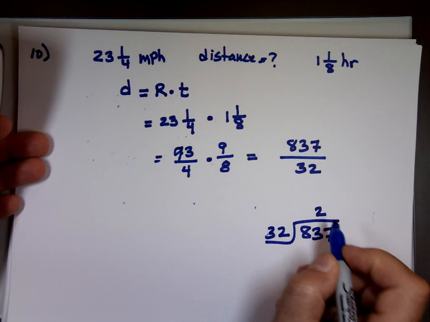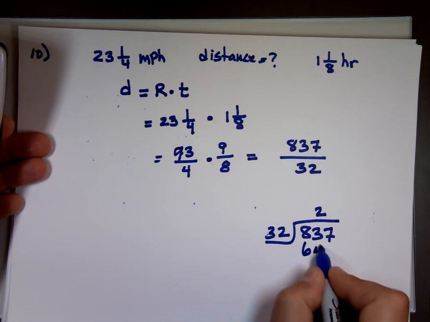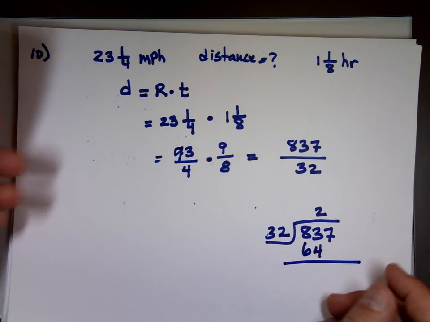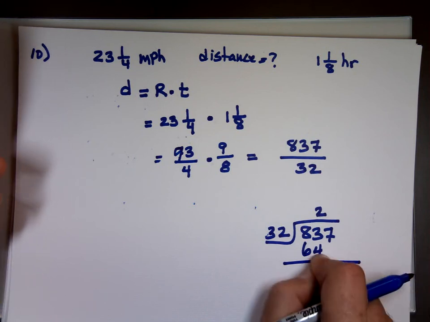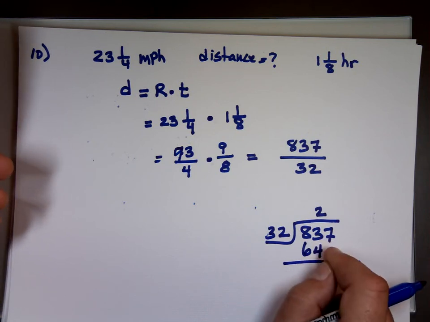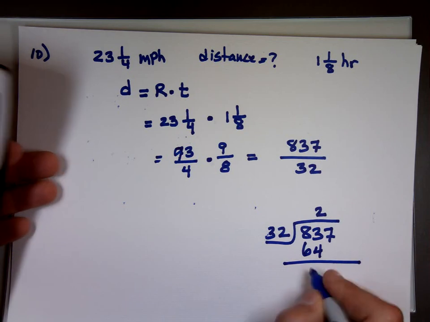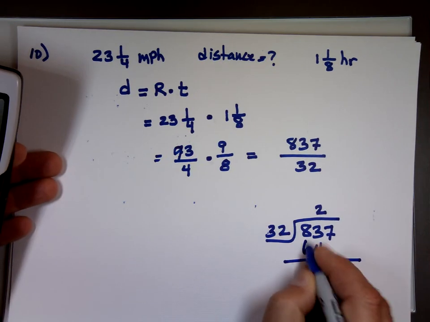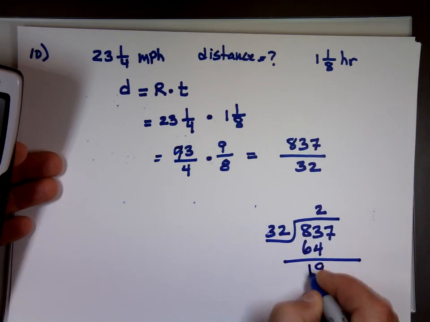2. 64. 4 from 13 is what? 9. 6 from 7 is 1. Bring that 7 down.